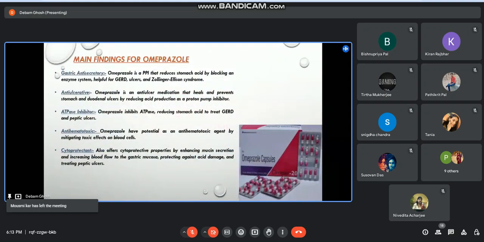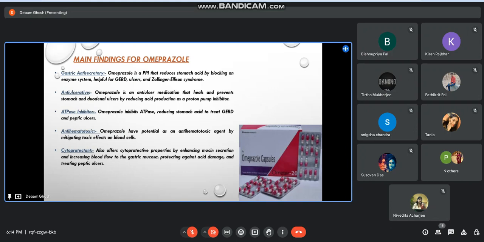Now the main findings for omeprazole. First, gastric antisecretory. Omeprazole is a PPI. As already said, it reduces stomach acid by blocking an enzyme system, which is helpful for GERD, ulcers, and Zollinger-Ellison syndrome. Second, antiulcerative. Omeprazole is an antiulcer medicine that heals and prevents stomach and duodenal ulcers by reducing acid production as a proton pump inhibitor.